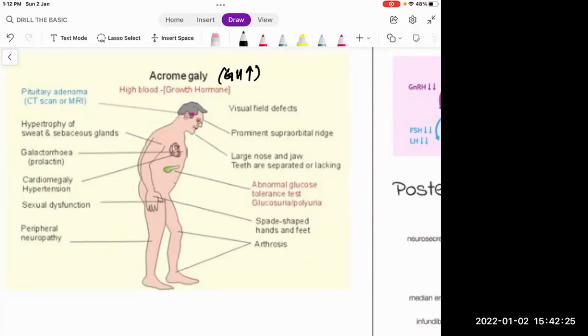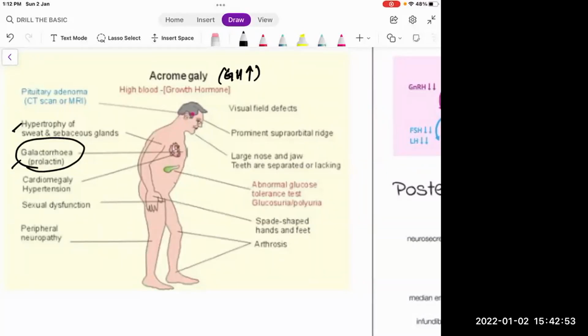Followed by hypertrophy of the sweat glands. And since it has a role in the mammary glands, mammary gland development will be very large, and it is also responsible for lactation. So the person will encounter galactorrhea. Galactorrhea is not common in females if they are not lactating, and it is also not common in males.